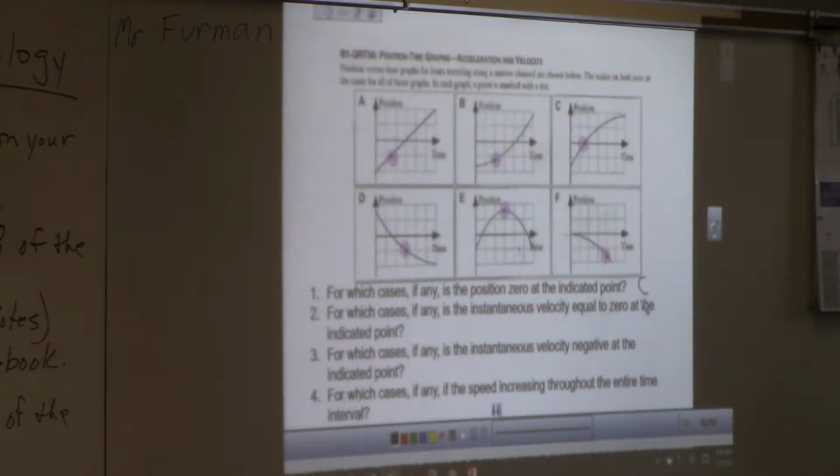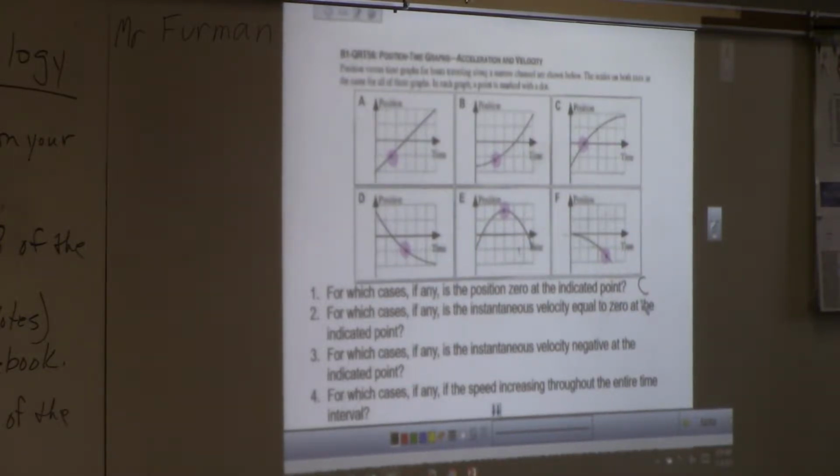For which cases, if any, is the instantaneous velocity equal to 0 at the indicated point? So now, here's the question, how do you get velocity from a displacement graph? Slope. So substitute the word slope for velocity. Where do I have 0 velocity?